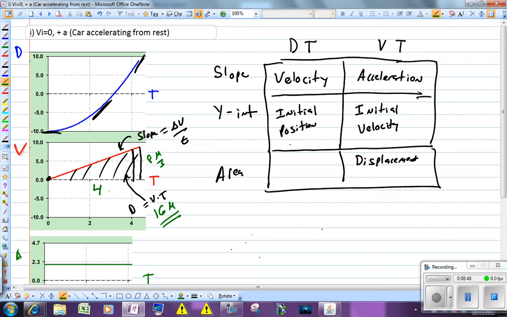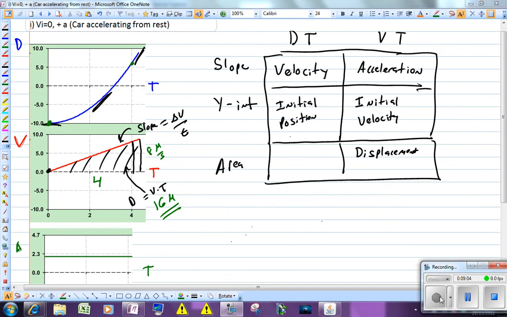If you look at your position time graph, you can actually see if your initial position is -10 and you go to 6 meters, that is going to also be a displacement of 16 meters. You get the same answer either way. And the area on a DT graph doesn't tell us anything meaningful, so we'll just leave that blank.